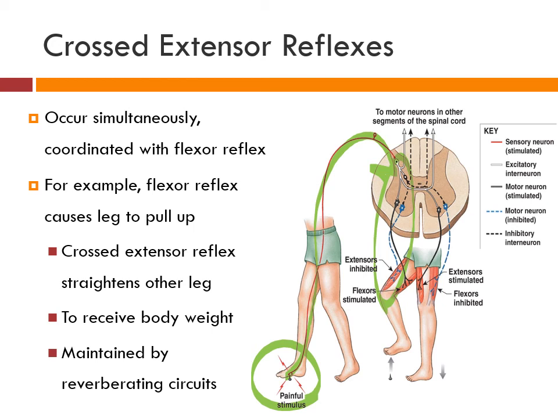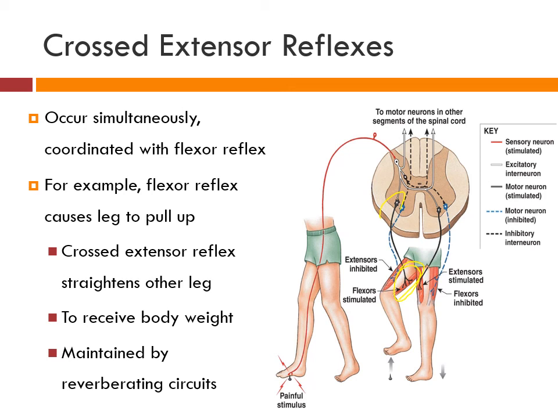On the right side, you've synapsed on the interneuron, and the interneuron has synapsed on this lower motor neuron, the gamma motor neuron, and the gamma motor neuron is going to stimulate the flexors in the leg to pull the foot up off the tack.